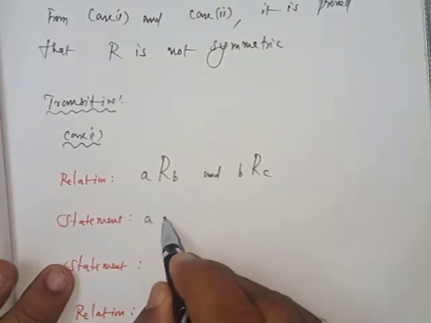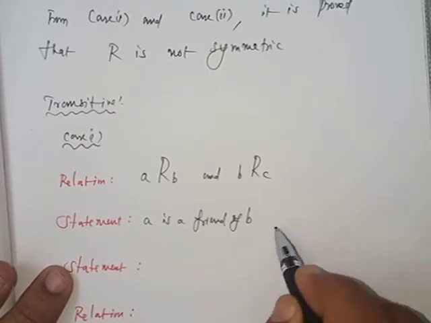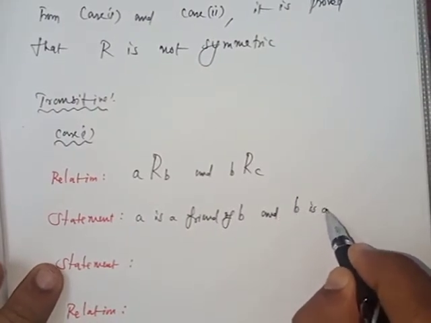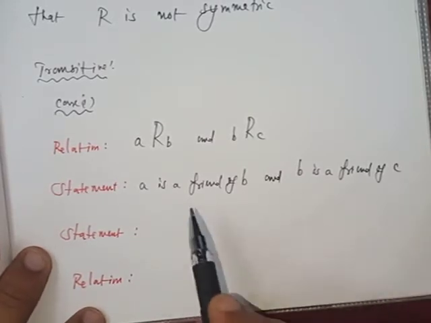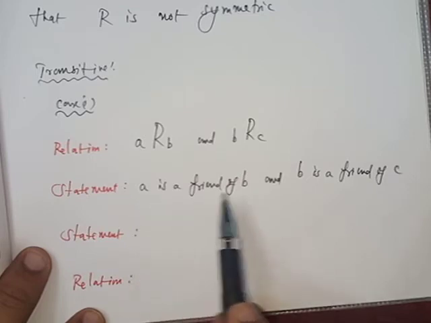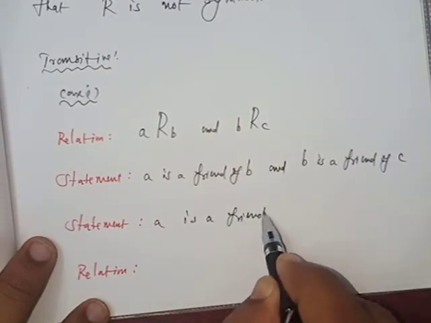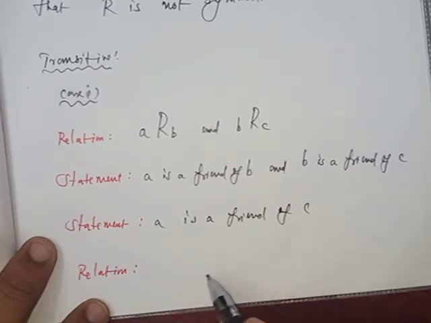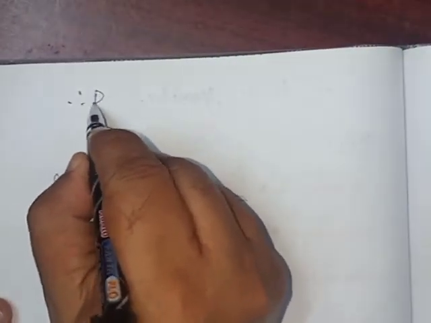According to the given statement, A is a friend of B and B is a friend of C. Here B is common, so I take A is a friend of C. Even sometimes A is not a friend of C. In this case, we are considering A is a friend of C. Since A is a friend of C, you can write A is related to C. Therefore, R is transitive in this case.